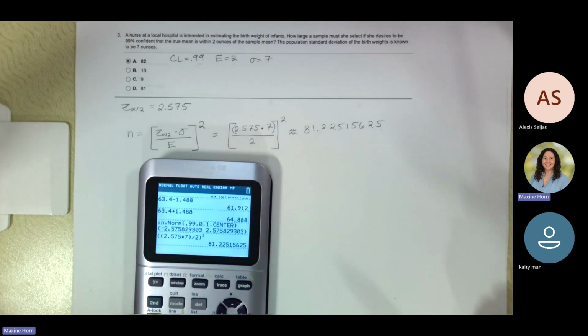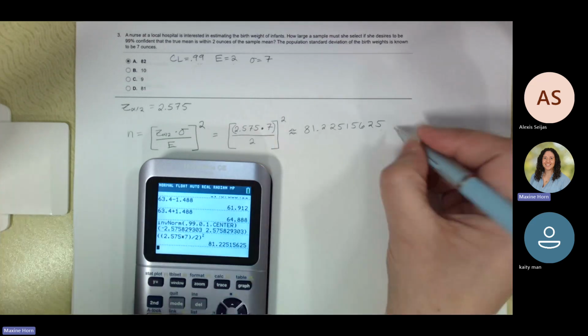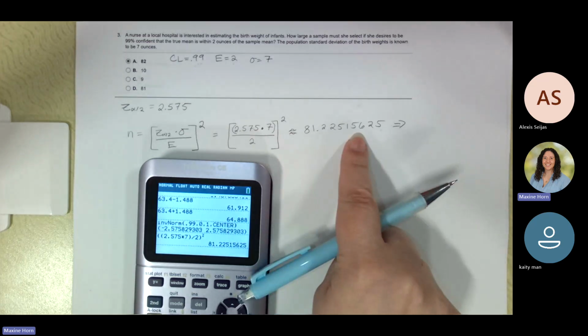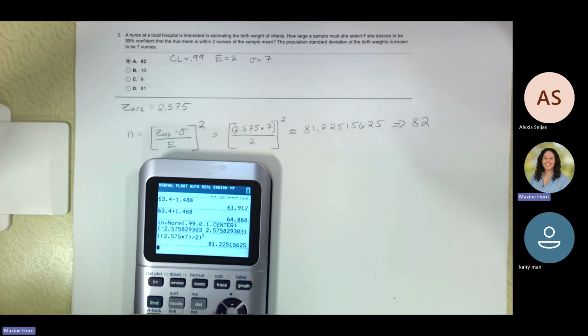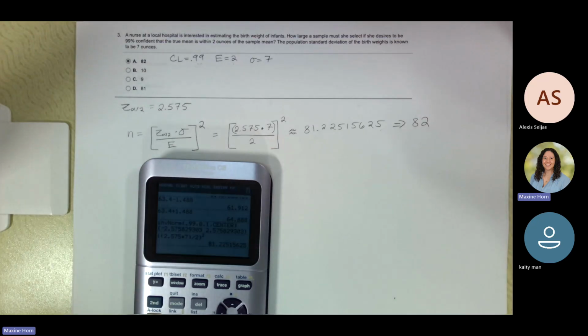This will be incorrect. So what you have to do is take your number, whatever it is, and go up to the next whole number. So always remember that with your sample sizes, with your n's.